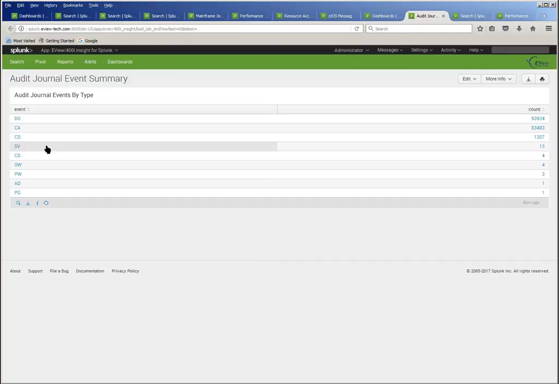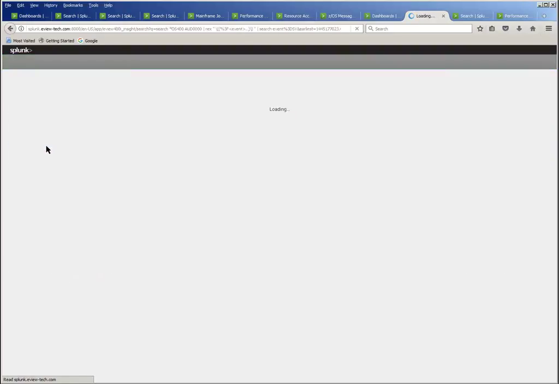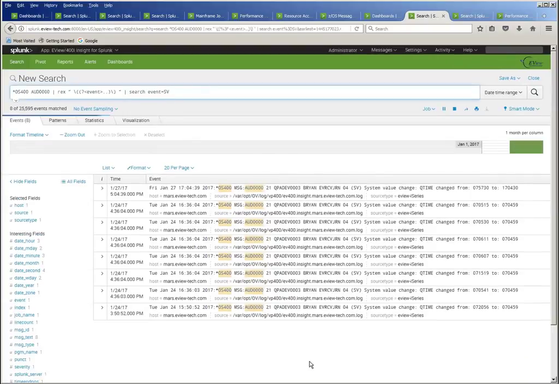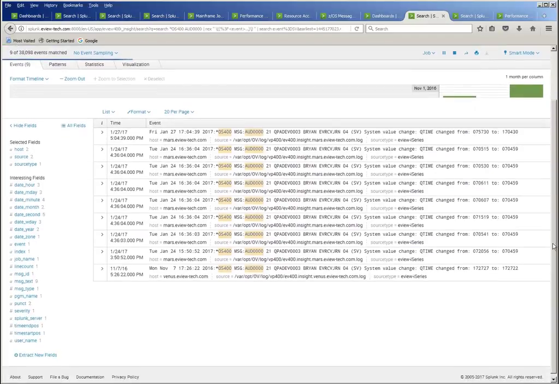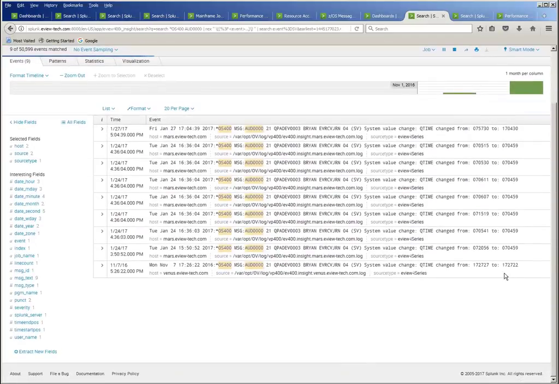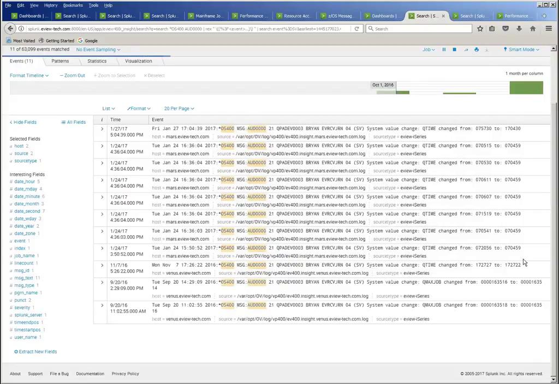So, for example, here we're looking at SV, which is system value events, which means that somebody has gone in and made a change to one of the system values. These are certain types of system values that you would want to know about. In this case, somebody's been changing the time value quite a few times, but there may be other types of changes that anybody administering or monitoring the iSeries system would want to know about.